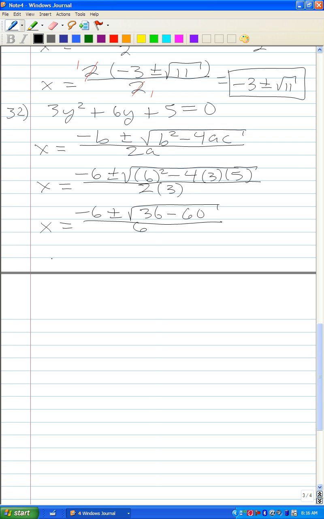So x is equal to negative 6 plus or minus the square root of, well, 36 minus 60, negative 24. Let me rewrite negative 24 as negative 4 times 6.